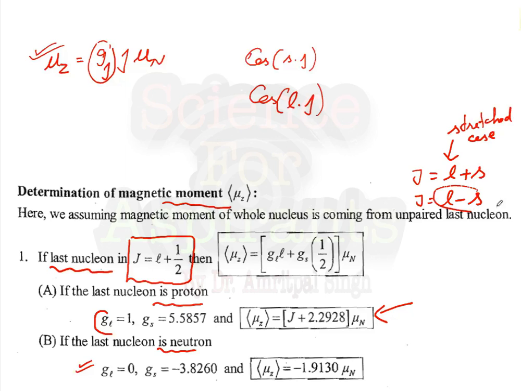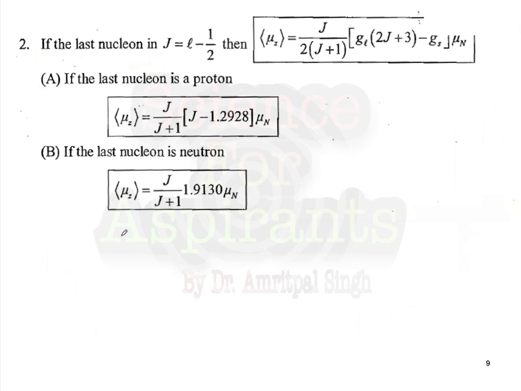And this case, that is known as the jackknife case. So these are the values of the magnetic moment for the stretched case, and similarly you can find the magnetic moment for the jackknife case. These are some of the formulas which you need to remember.